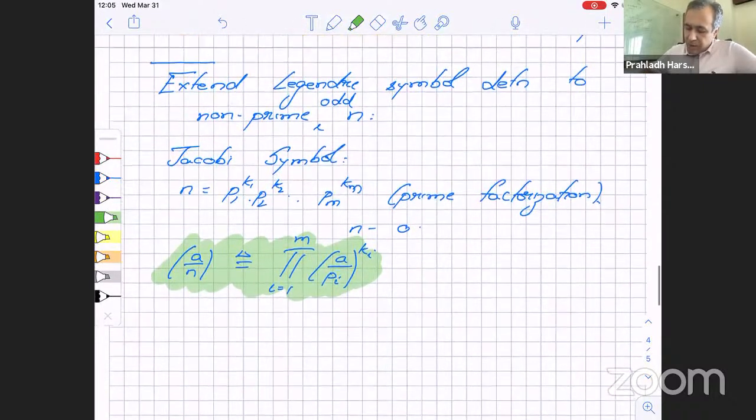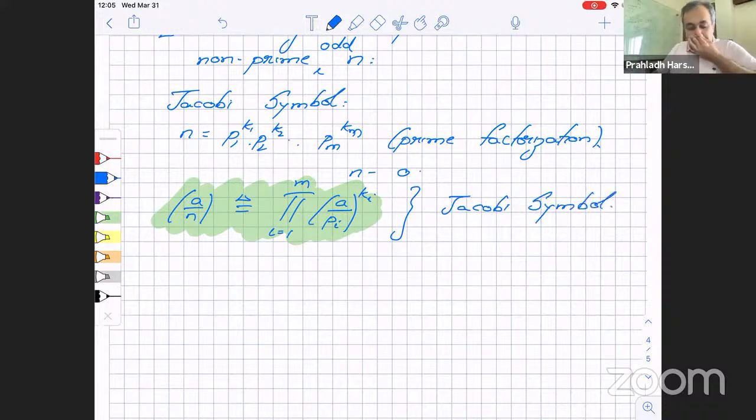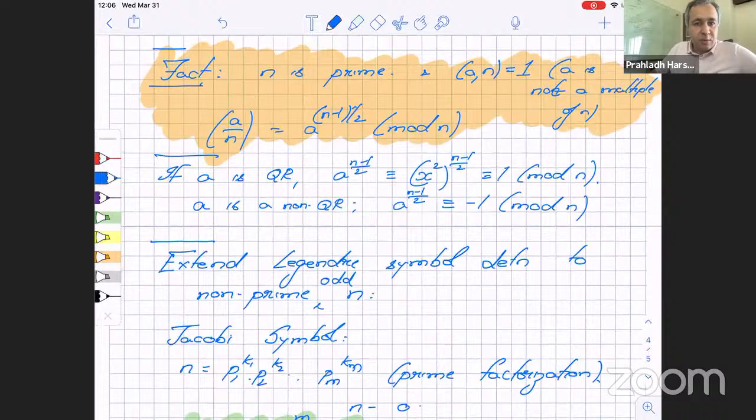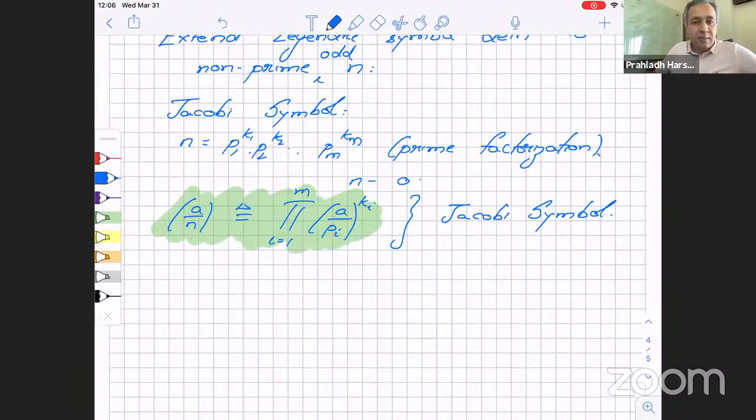So this is what is called the Jacobi symbol. If I had known n is prime, the Legendre symbol is easy to compute. That's what we saw before. The Jacobi symbol, on the other hand, the way I had defined it, is not easy to compute because it requires the factorization of n.